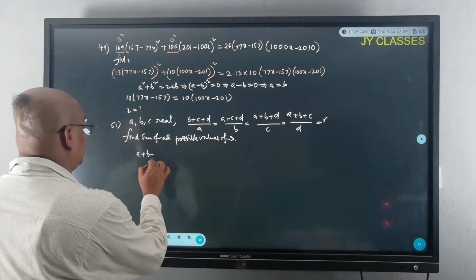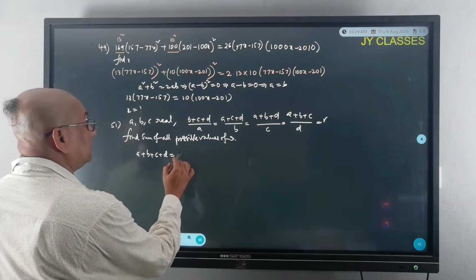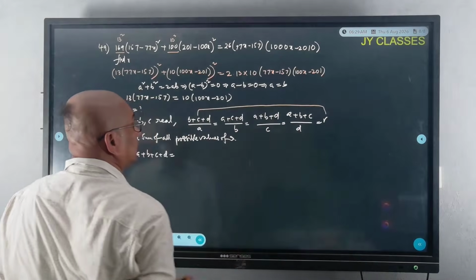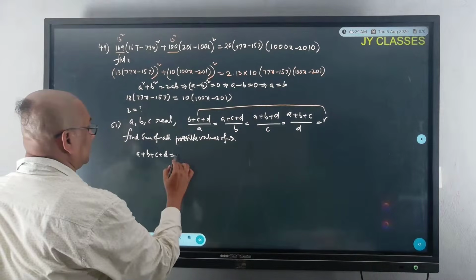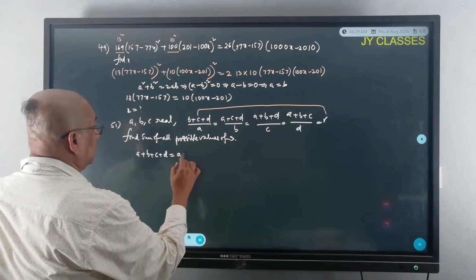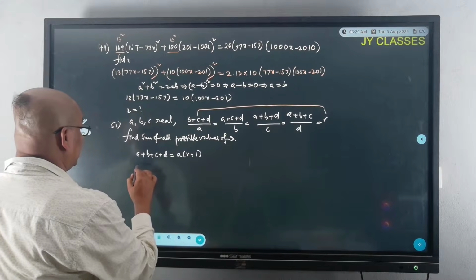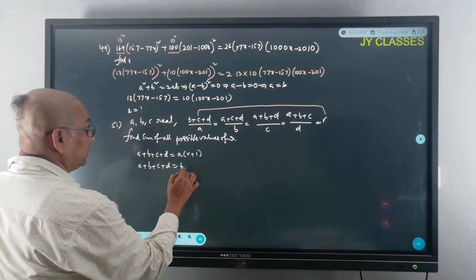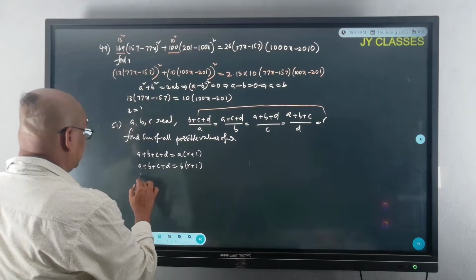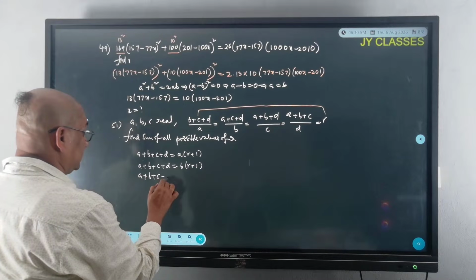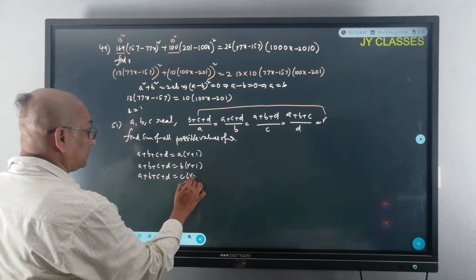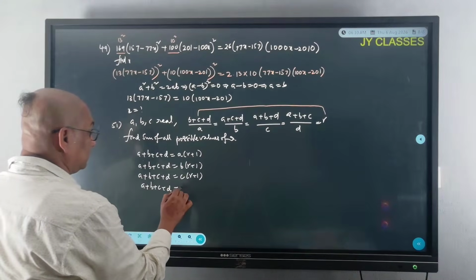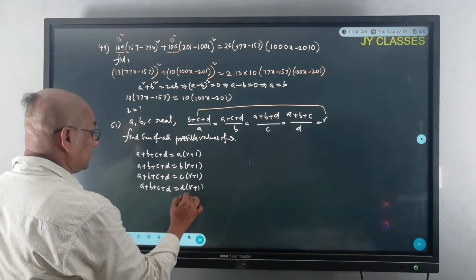So a plus b plus c plus d is equal to, taking plus 1 on both sides, a into (r plus 1). Like that, a plus b plus c plus d is equal to b into (r plus 1), a plus b plus c plus d is equal to c into (r plus 1), and a plus b plus c plus d is equal to d into (r plus 1).